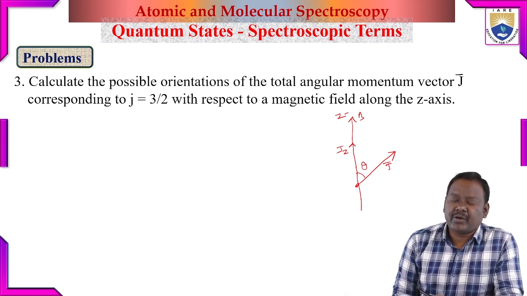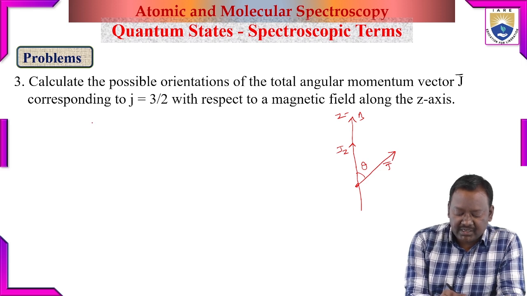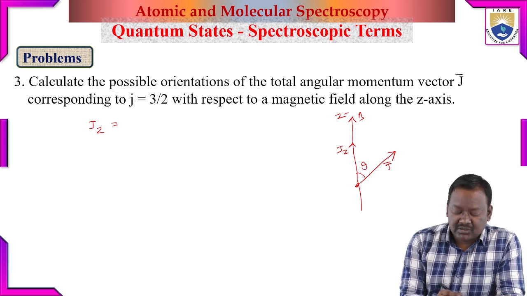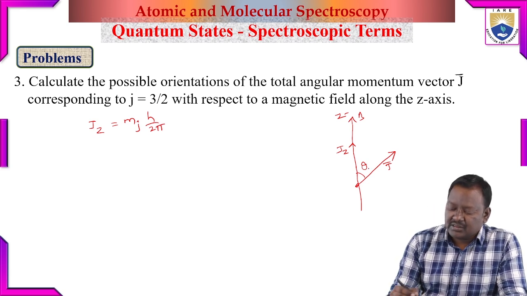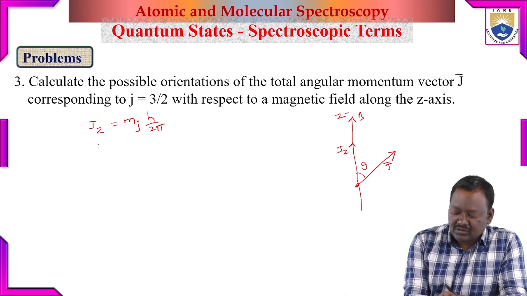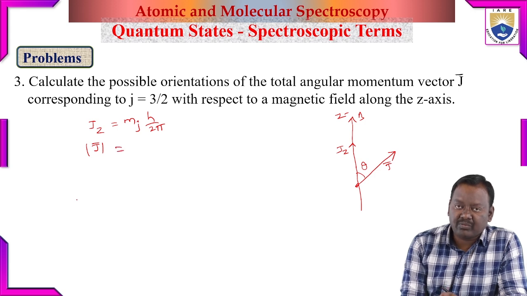The magnitude of the component jz is given by the quantum mechanical relation jz equal to mj into h by 2 pi, and the magnitude of j bar is also given by the quantum mechanical relation square root of j into j plus 1 h by 2 pi.